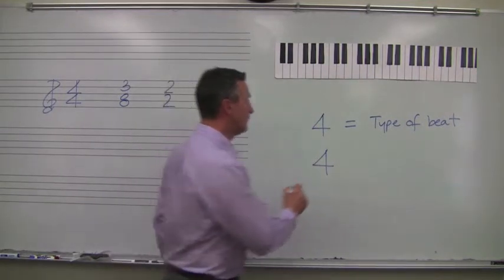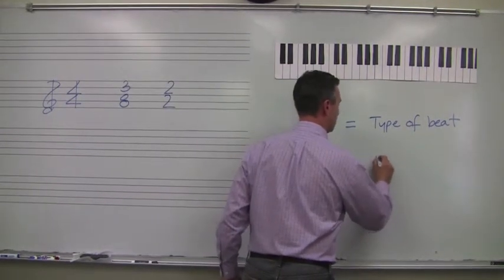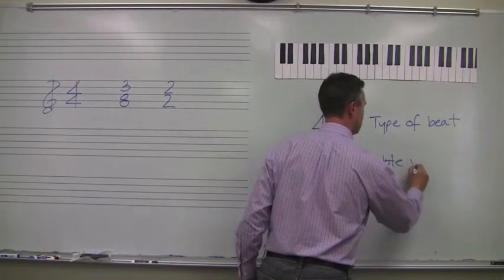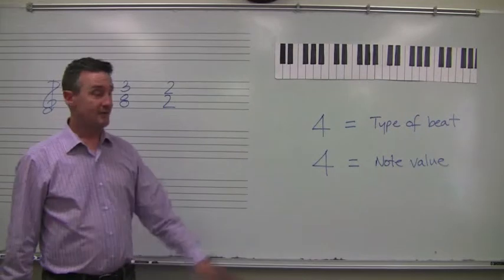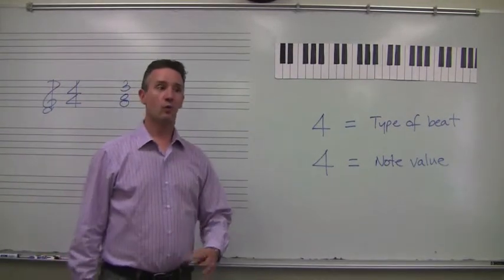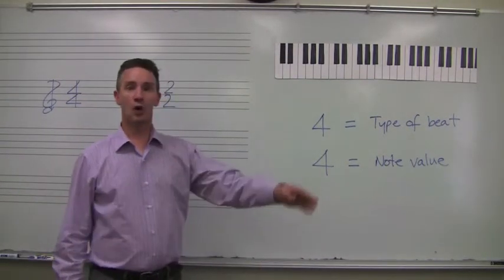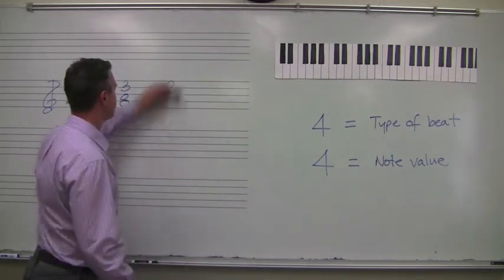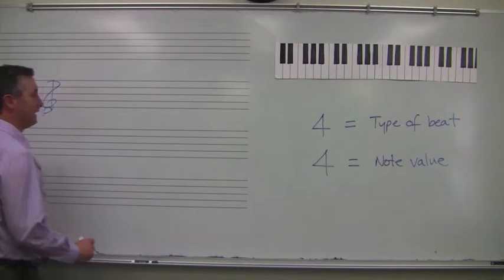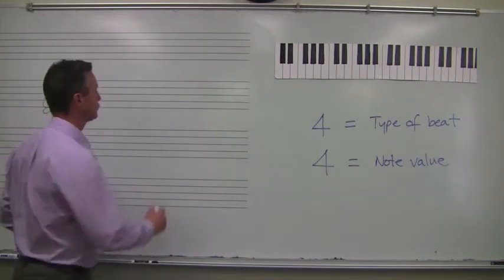The bottom number is a note value. So, if it is a note value, then we need to know, well, what numbers equal what note value? And the answer to that is as follows. And, in a sense, this is very logical.